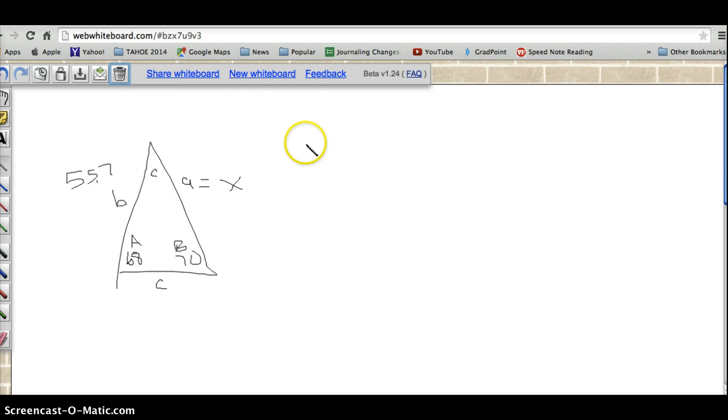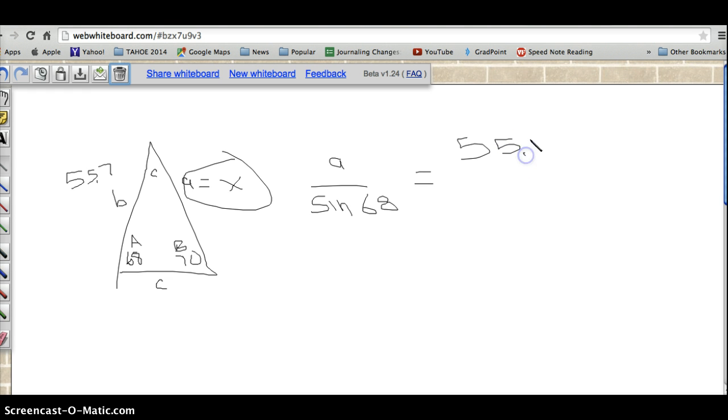So now, using the law of sines, I want to know the length of side A. In this case, they labeled it X, not to confuse you, but if I put side A over sine of A, which in this case is 68, is equal to, now I don't need to know C in this case because I have the information for B. So side B is 55.7 over the sine of 70, right?